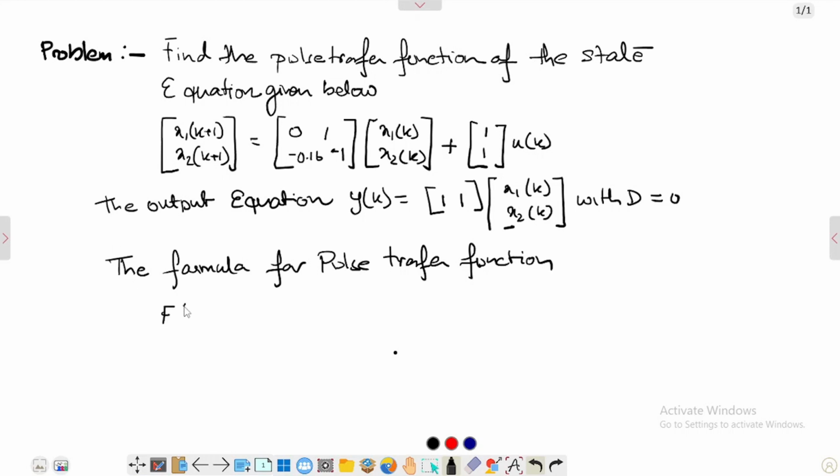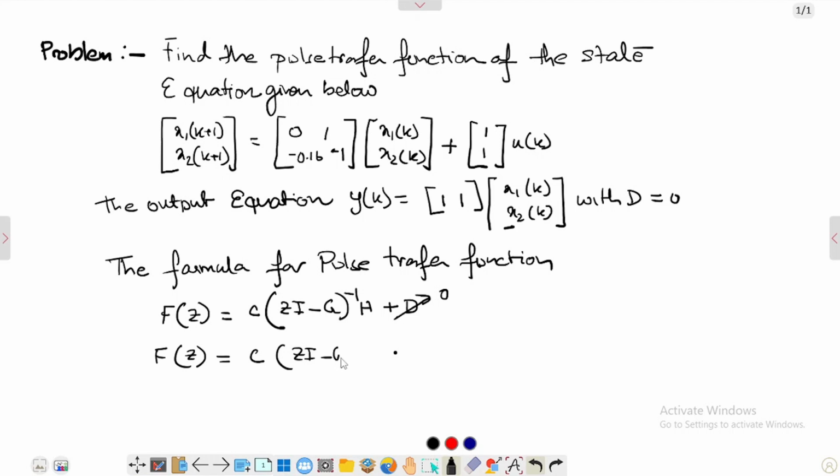I will say F(z), because it's a discrete time system, so the function will be C(zI - G)^-1 H plus D. Actually, I've taken D to be 0. The problem gives that D is 0, so this is 0. So what I get is F(z) = C(zI - G)^-1 H.